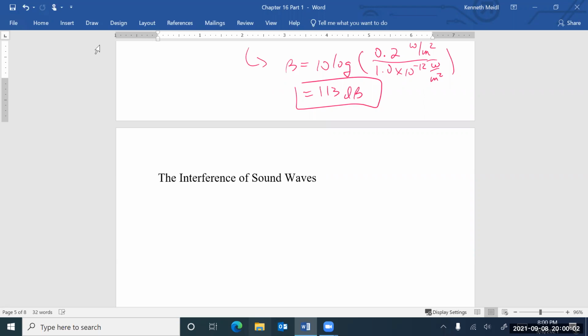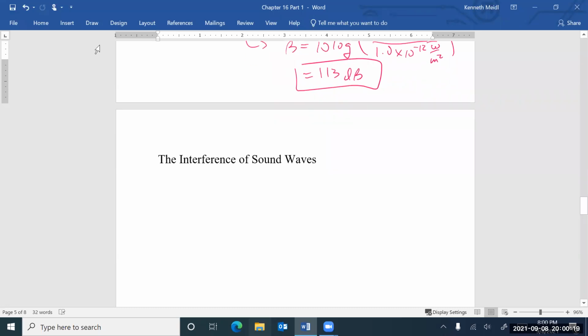And what I want here is two speakers connected to one function generator, and then I don't have to worry about having non-coherent sources and the phasing of these things at all. A function generator, sometimes the engineers will draw as a little box, and they'll put a little sine wave here.